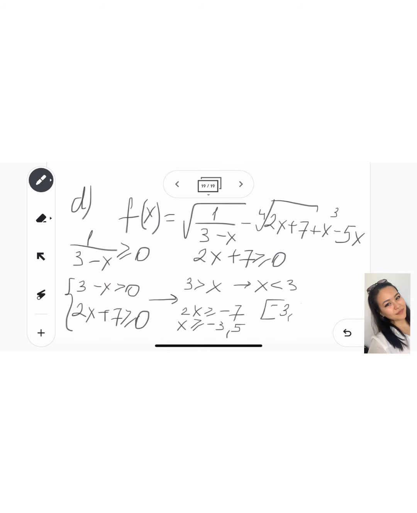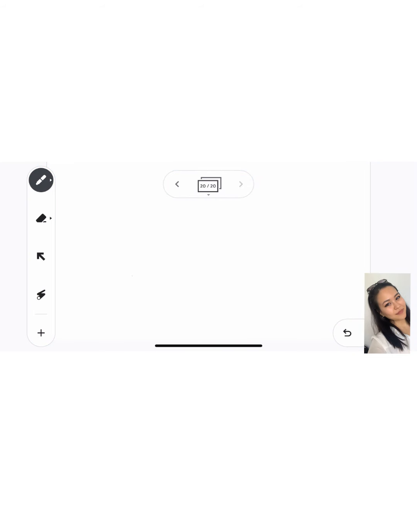So again, in order to write an answer, I want to show you these answers on a coordinate line. So what we have is x is less than 3 and x is greater than or equal to negative 3.5. First, we will write the negative number and then the positive number.